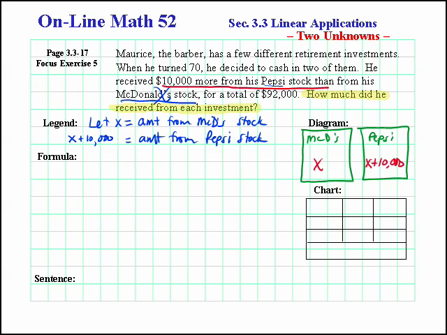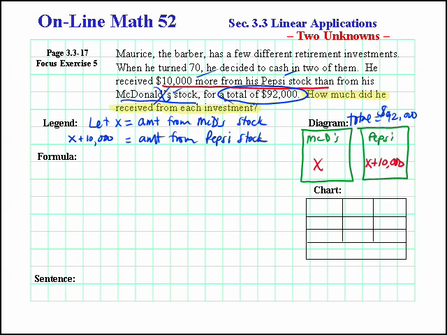Now there is one more piece of information that we don't see in the diagram, and that is what? The total of $92,000. So let me write that in here. Total equals 92,000.